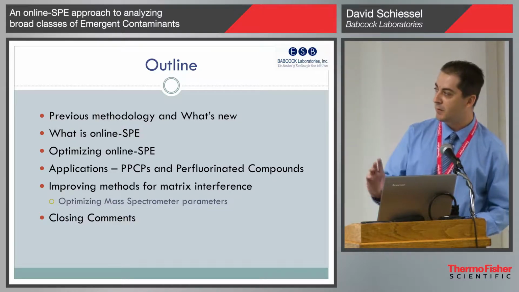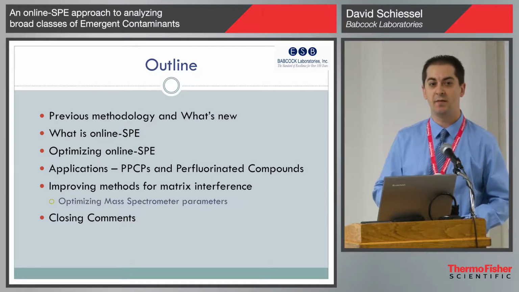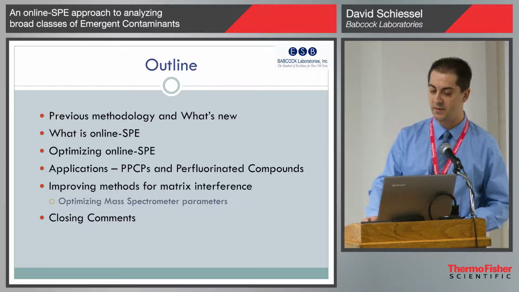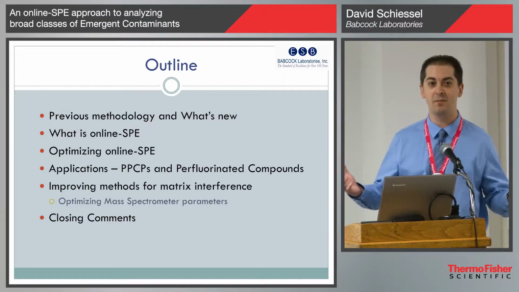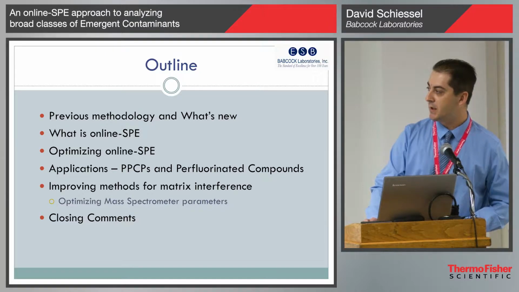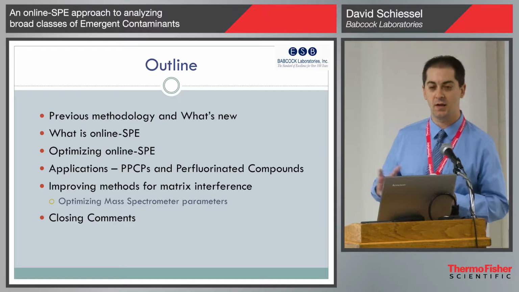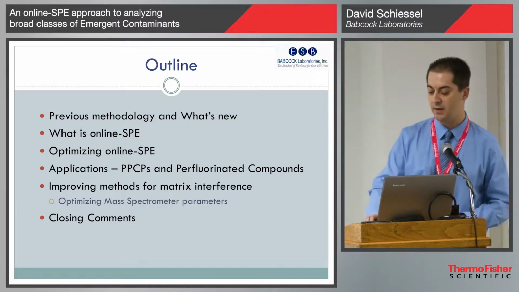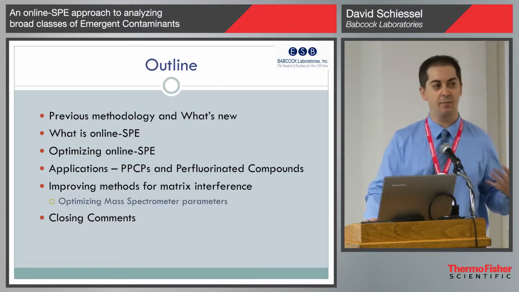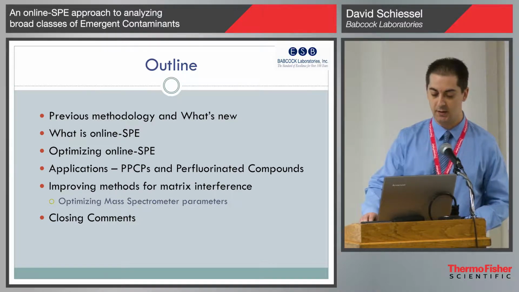And I'll talk a little bit about optimizing online-SPE and then some applications that we've developed for some contaminants. I won't go over all of them, but some of the recent ones. And then also on the mass spec side, we use triple quad, so it's not high-res accurate mass, but just getting the most out of the triple quad through the various parameters.